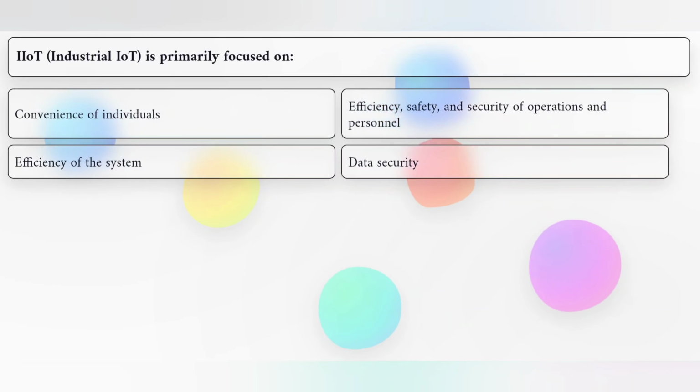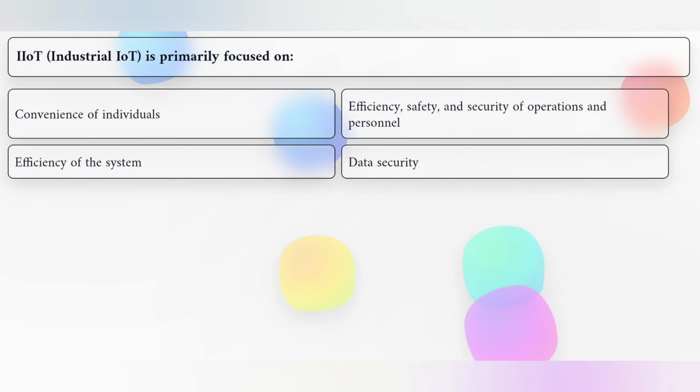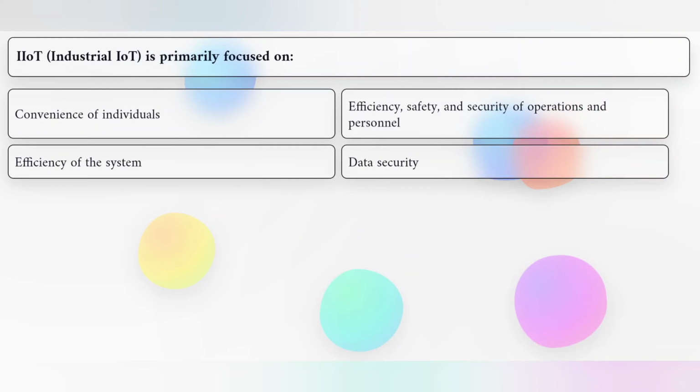Industrial IoT is primarily focused on convenience of individuals, efficiency, safety and security of operations and personnel, efficiency of the system, data security.